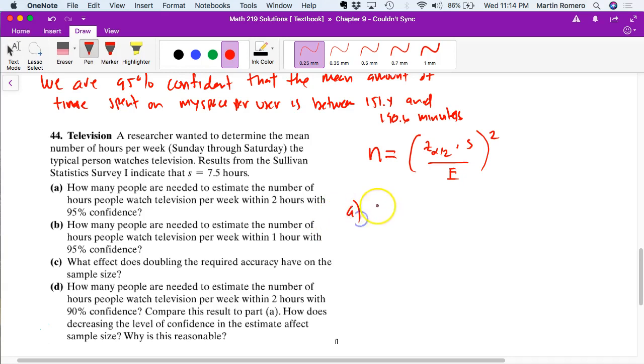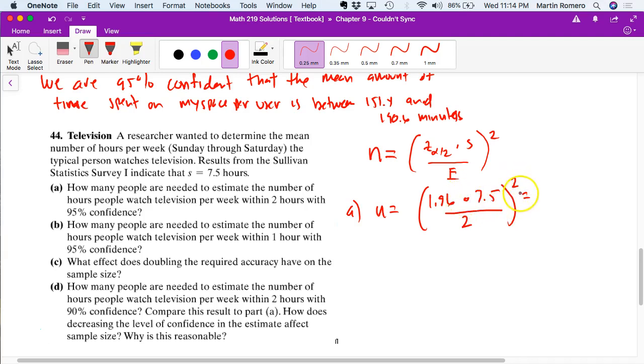So for part A, n is going to be equal to, and this is a 95% confidence, so we're going to use 1.96 times the standard deviation 7.5 divided by within 2 hours, 2, squared.